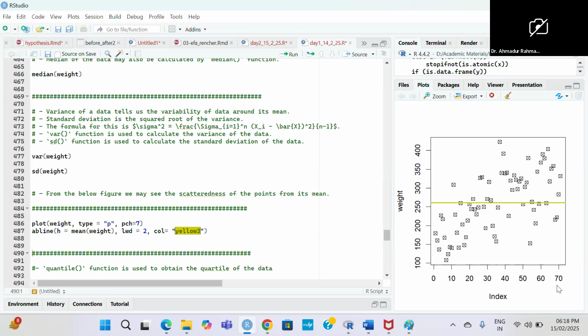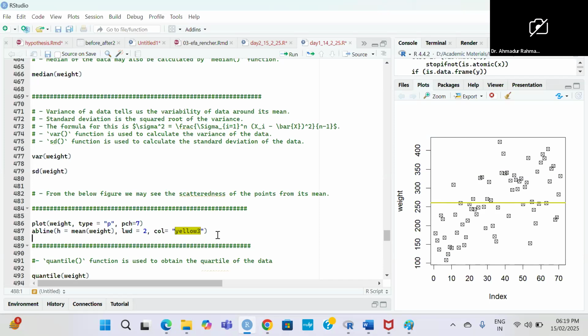On the x-axis we have the number of observations or number of chickens. On the y-axis the weight is displayed, and these points are the data points, and this yellow line is the mean. So we can see the scatteredness of our data. Since the data is scattered, data एक जगह mean के around बिल्कुल fixed नहीं है.